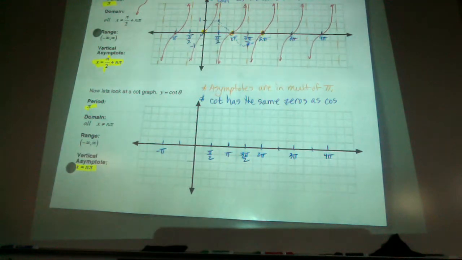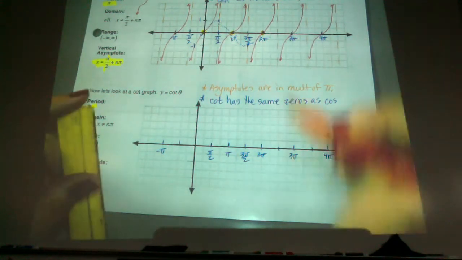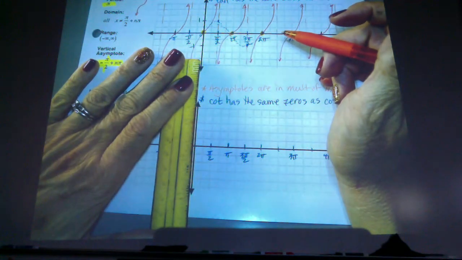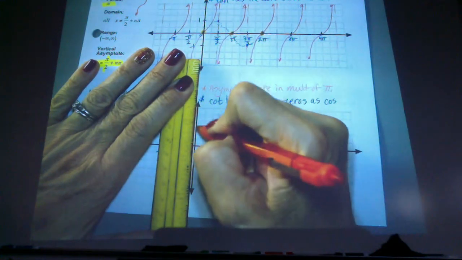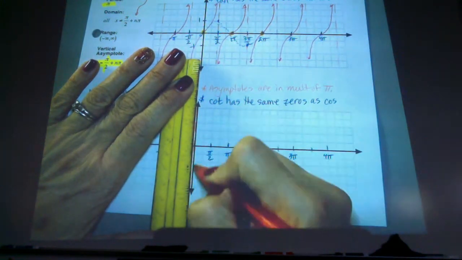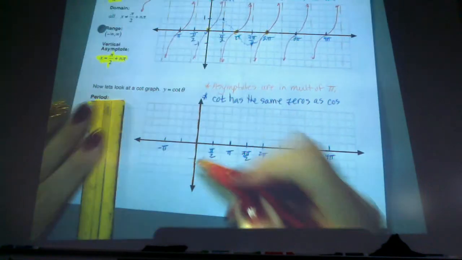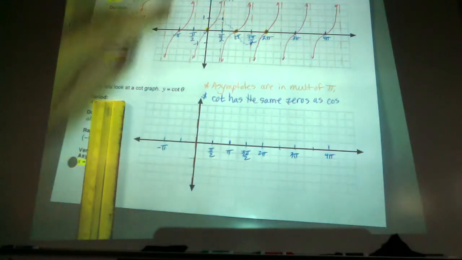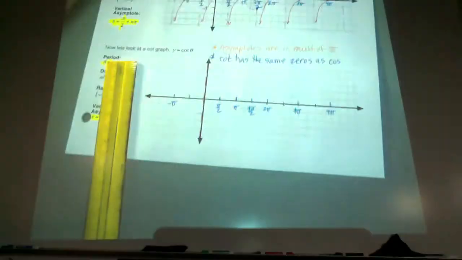So let's put in the asymptotes we just came up with. So cotangent is undefined at 0. So 0 happens to be the y-axis, so make sure it's quite clear that you're putting a dashed line there. So I kind of put it right next to it so you can still see that it's dashed. Are you okay with that? That's 0.